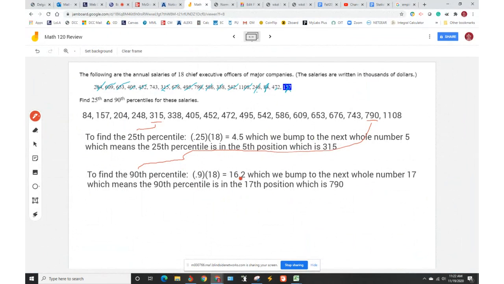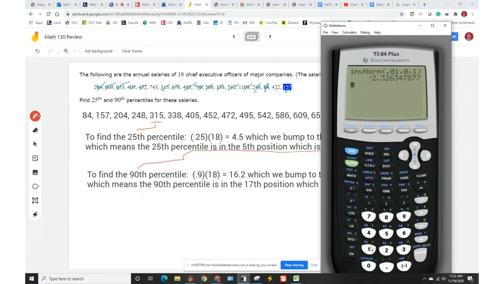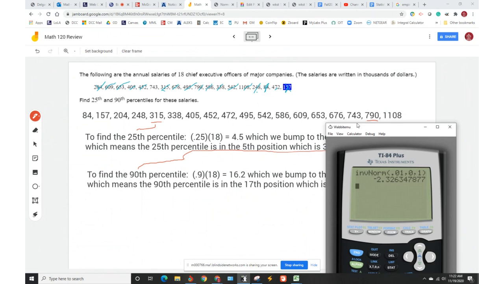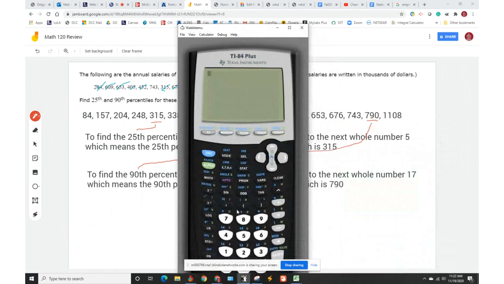Let's just say we did 16. Round it down. So in other words, you go to 743 instead of 790.